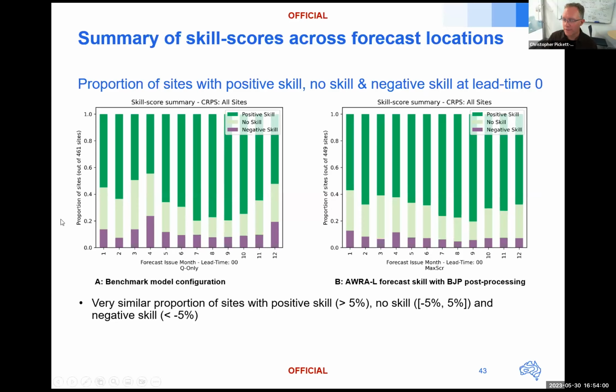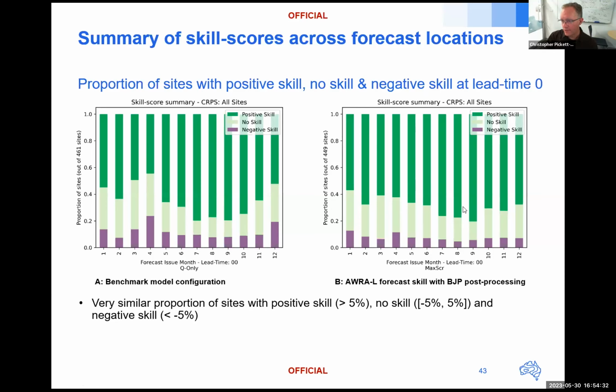And what we find is, with the current operational service based on antecedent streamflow observations, we have to have that feed of data coming in across the nation. We can achieve similar forecast skill in the first month with this new mode of operation, where we're post-processing forecasts from the Australian Water Outlook. We're generating similar proportions of sites with positive or no forecast skill.